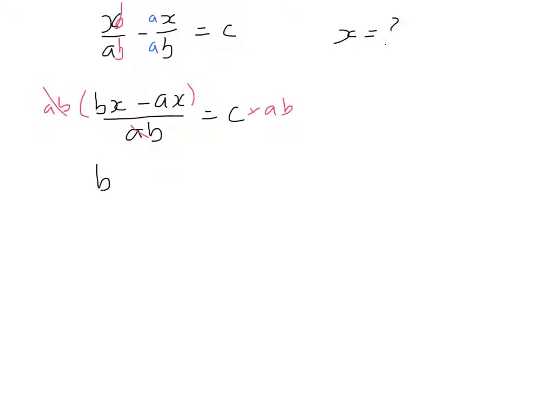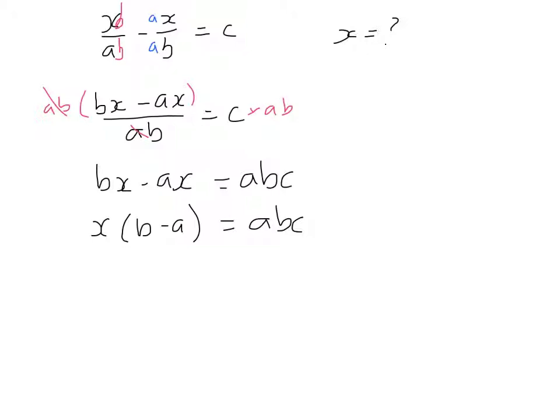Leaves us with BX take away AX on the left-hand side will be equal to ABC on the right-hand side. Now, for the left-hand side, we'll factorise, x is common to both those terms, so we'll end up with x (B take away A) equals ABC.